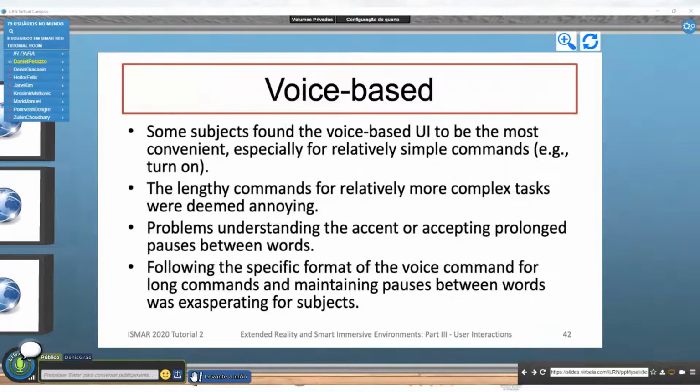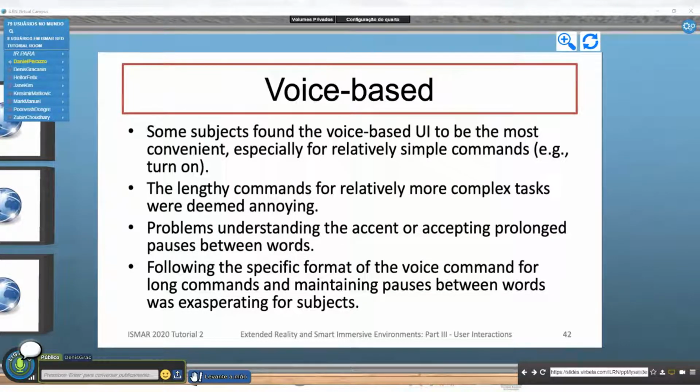When it comes to voice-based modality, some subjects found that most convenient, especially for simple commands. However, it became annoying for more complex tasks such as setting brightness or light color temperature.